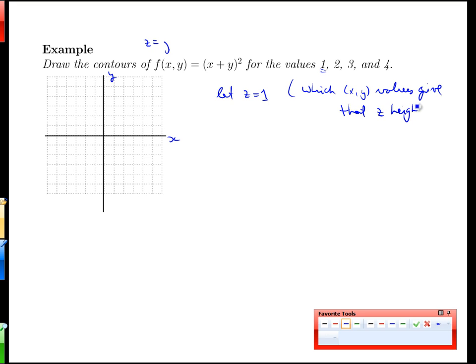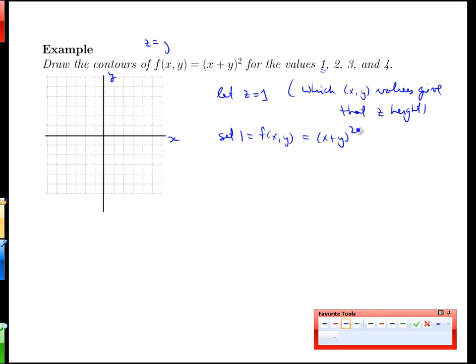Different x and y values run through this function will give us different z's. What are the ones that give us the exact value 1 as the output? Well, all we do is set 1 equal to our function, or 1 is equal to x plus y all squared.